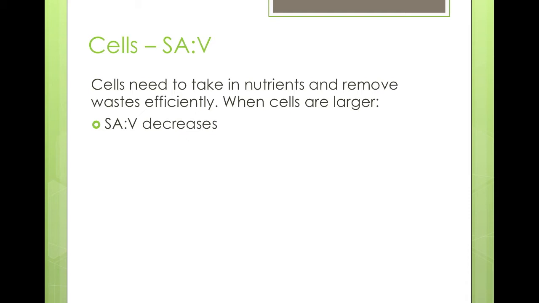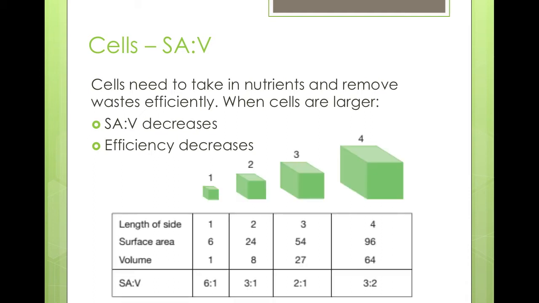It is not efficient for a cell to have a small surface area to volume ratio to remove waste and take in nutrients. Just like how it takes a long time for heat to reach the center of the potato when it is whole compared to when it is cut up and divided. And so cells become really inefficient at taking in nutrients and removing wastes.